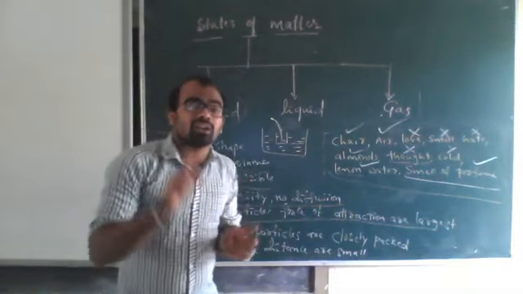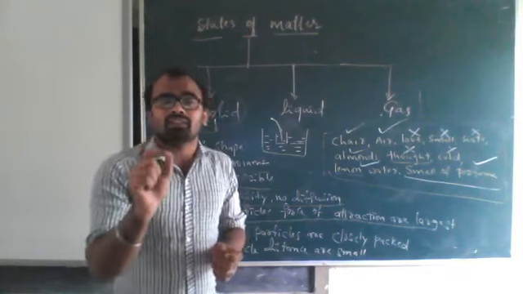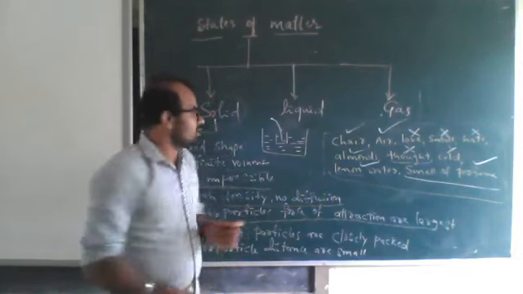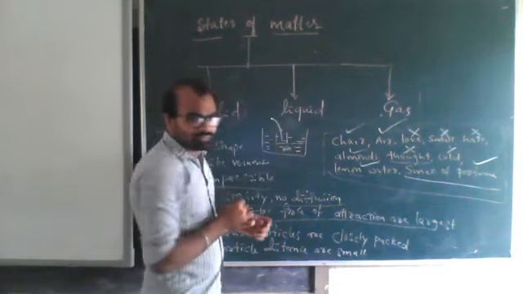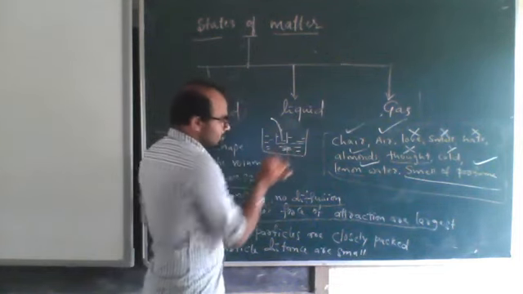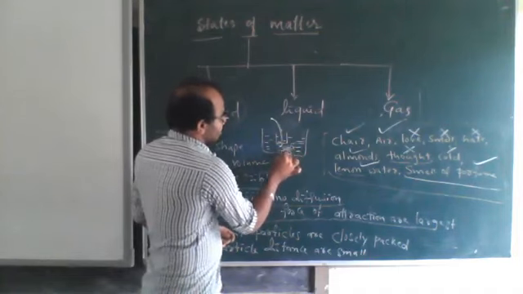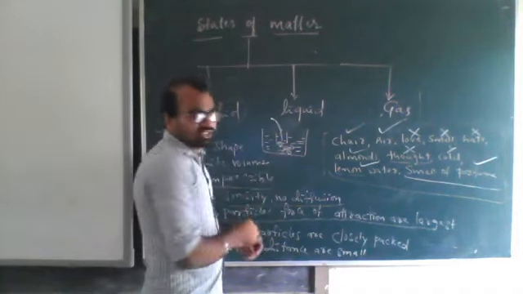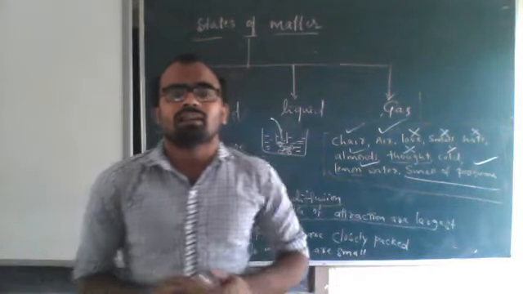Particles of matter are continuously moving. Particles of matter attract each other. So they attract each other and they have intermolecular spaces and they are continuously moving. These are the three properties of particles of matter.